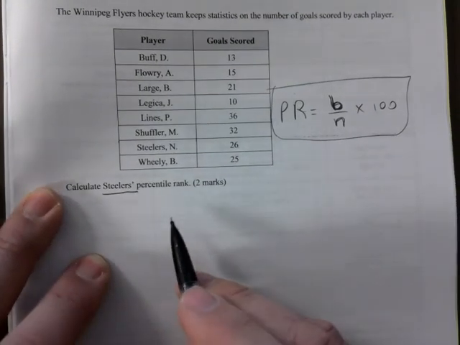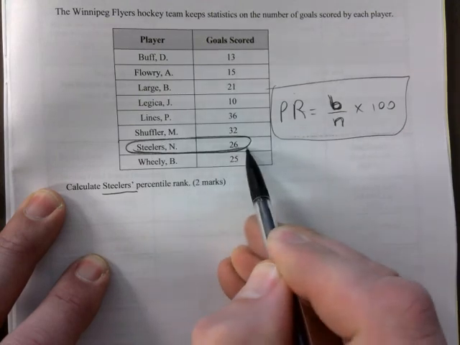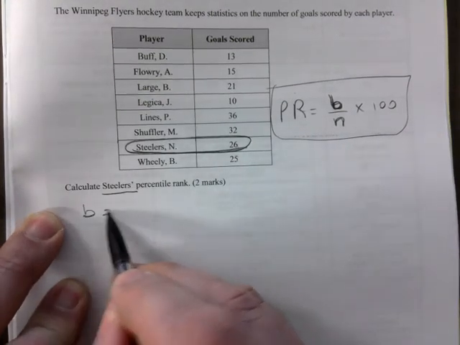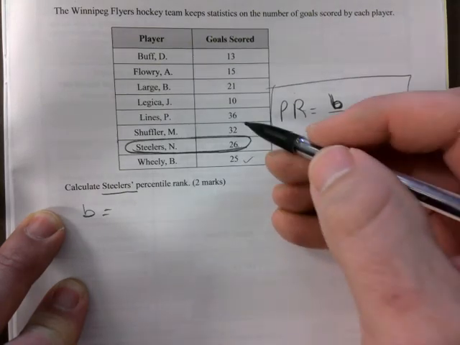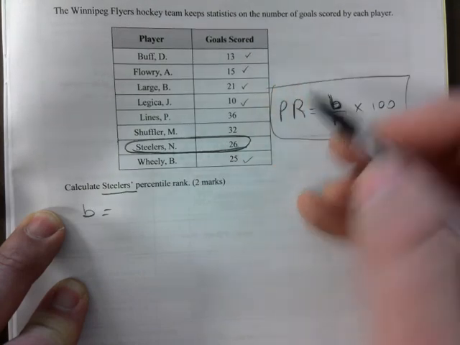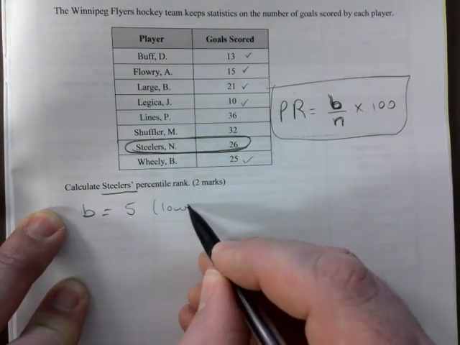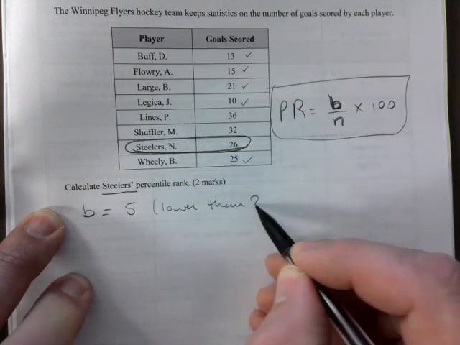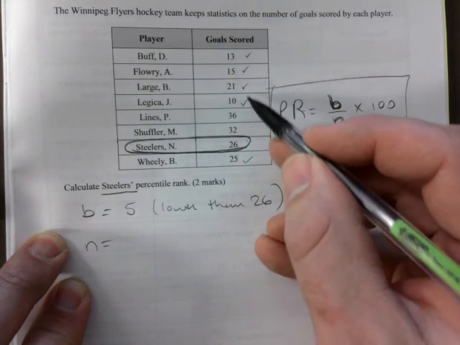All right. Steelers is the one we're considering. So how many values are lower than 26? So 1, 2, 3, 4, 5. So B is 5 values lower than 26. And we have 2, 4, 6, 8.